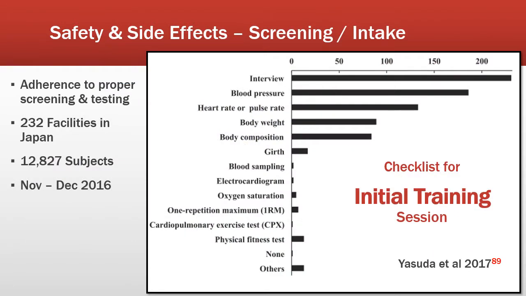Okay, so before we actually look at the proper screening process that is conducted in the States, let's again look back at what has been done in KAATSU training over the last 50 years or so. So you have a pooling of 13,000 subjects, and these questionnaires were sent out to the different facilities.